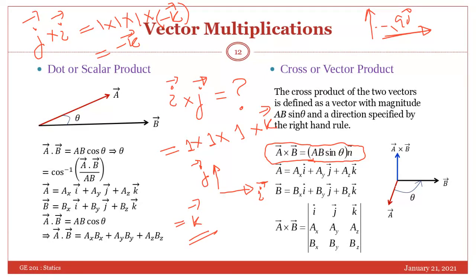Horizontal is x, vertical is y, and z is the direction towards yourself. If you draw a line from the origin on your computer screen towards yourself, that is the positive z, and away from that is negative z.